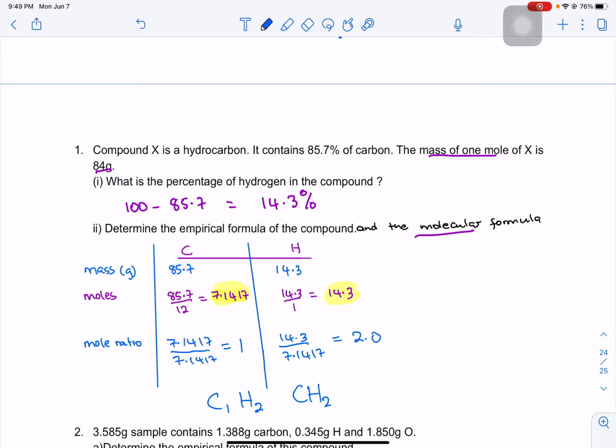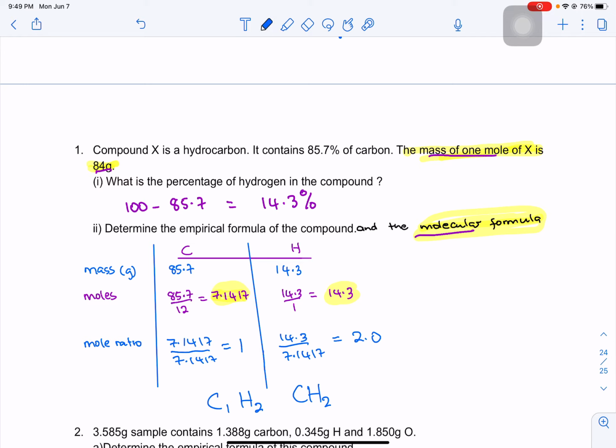But of course, this is not our molecular formula. Now we're getting to the second part of the question, which is asking about the molecular formula. What do we know about the molecular formula? Here we are told that the mass of 1 mole of the substance is 84 grams. Right?